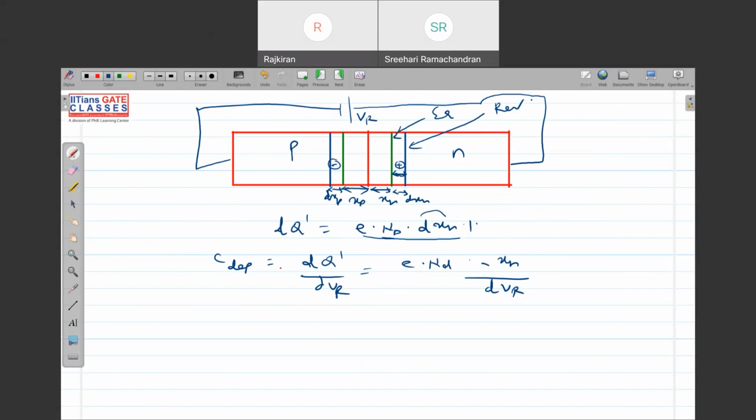You are getting everything now? Yes. This is my capacitance. So now the derivative of this one will give you the depletion capacitance.